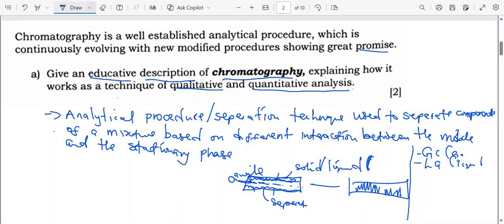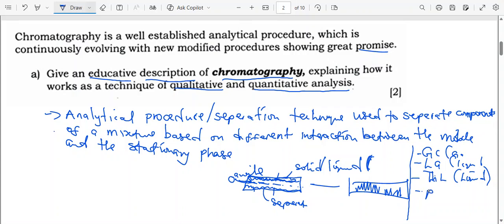The other type of chromatography is thin layer chromatography. This one uses the liquid as well. I think we have been performing this thin layer chromatography. This one also uses the liquid. I think this is one of the ones we use in schools. Okay. Then the other one is paper chromatography.